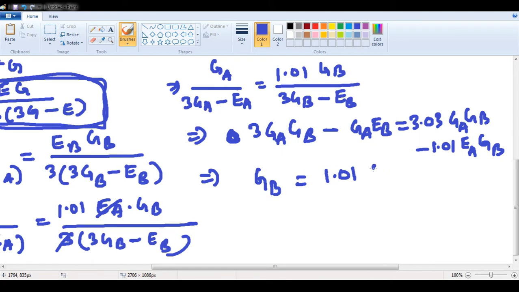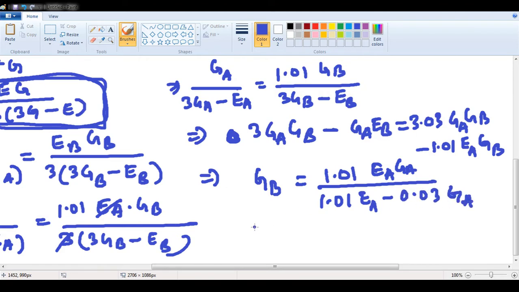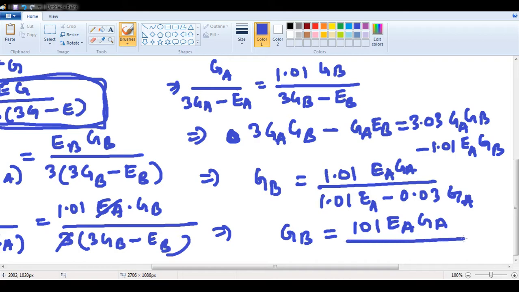1.01 EA GA divided by 1.01 EA minus 0.03 GA. So that is, GB is equal to 101 EA GA divided by 101 EA minus 3 GA.